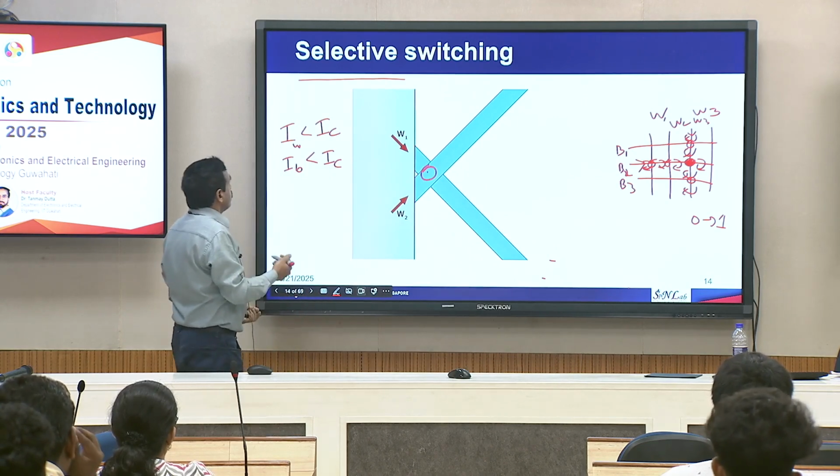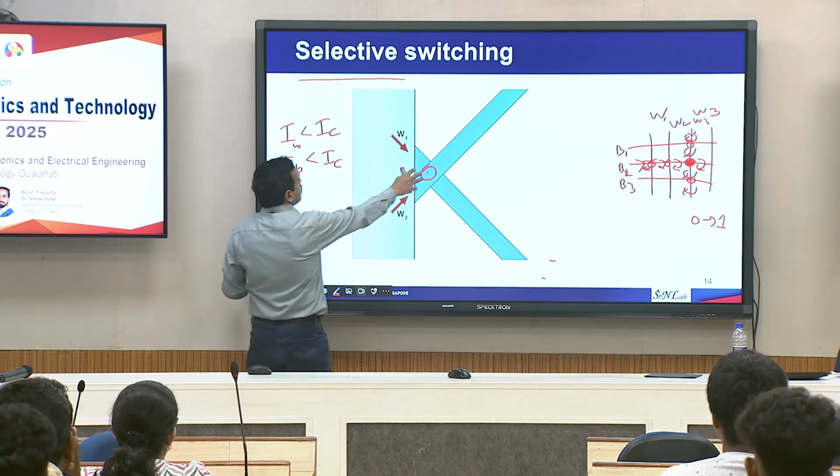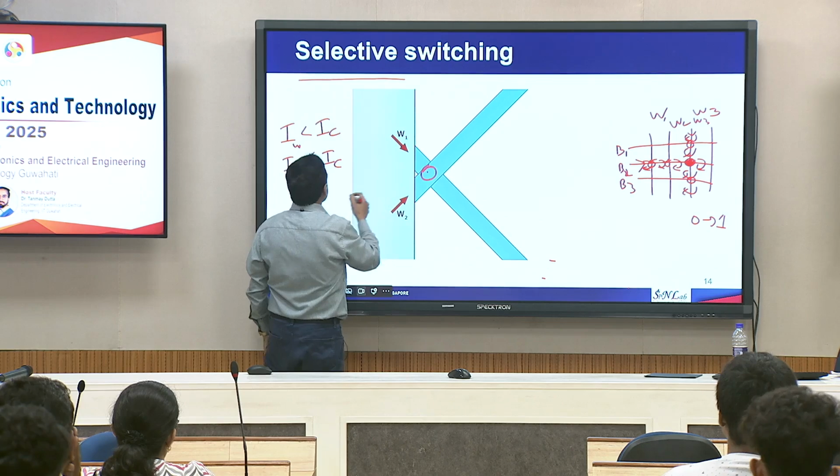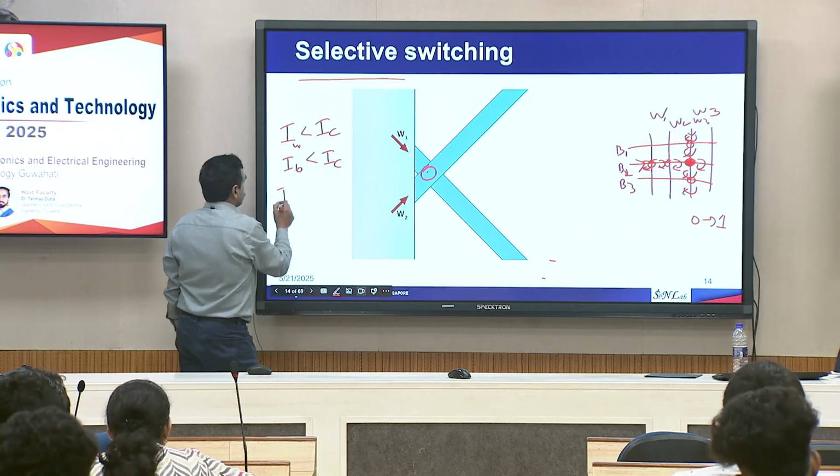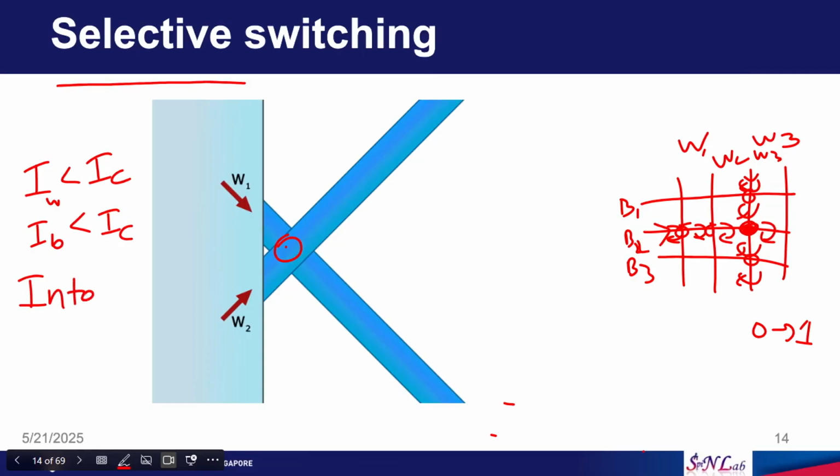Only the MRAM which is under the intersection of this IW and IB will switch.